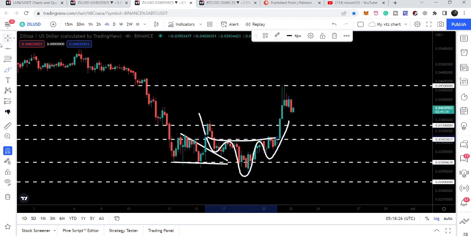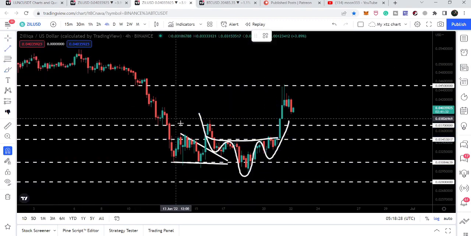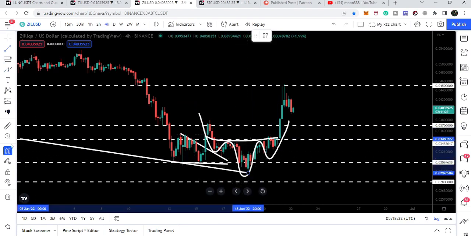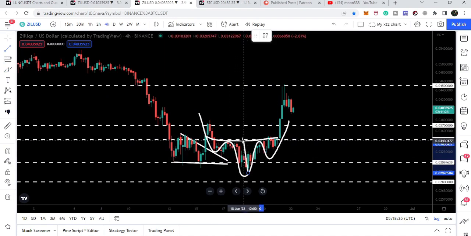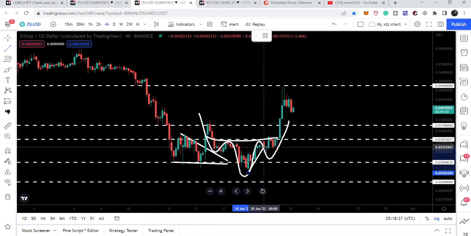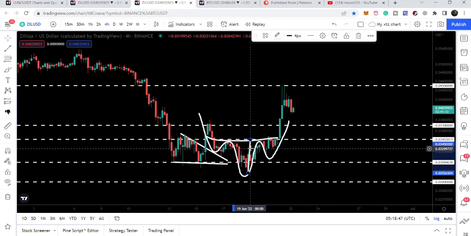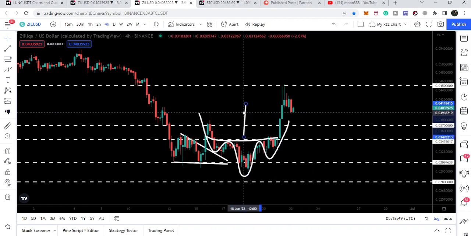This resistance of 3.45 cents has also been working as the neckline of this pattern, a short-term resistance that Zilliqa has already broken out.